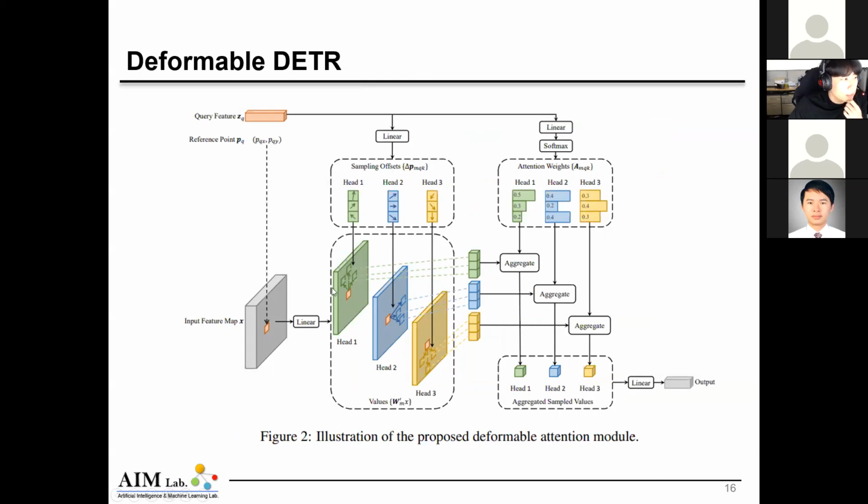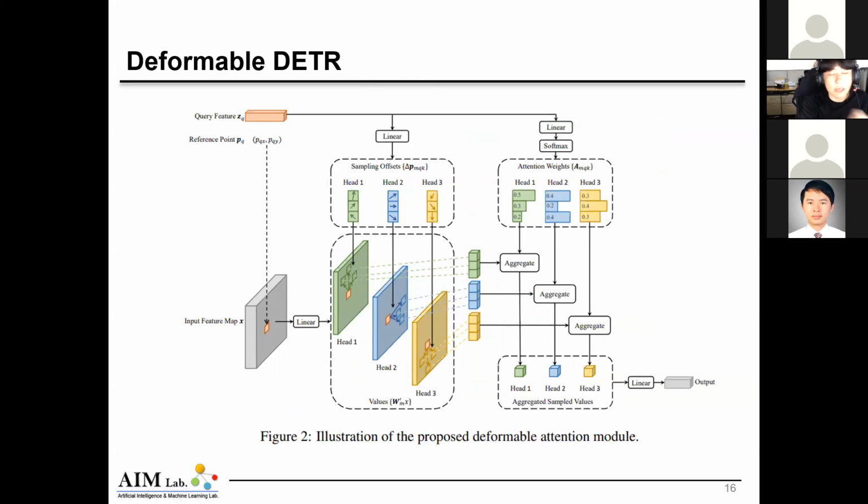That means in this part, they only use these points for self-attention in the transformer. And they train from this sampling offset which points they should use for self-attention. So each head can learn that, and from that, each head does self-attention.